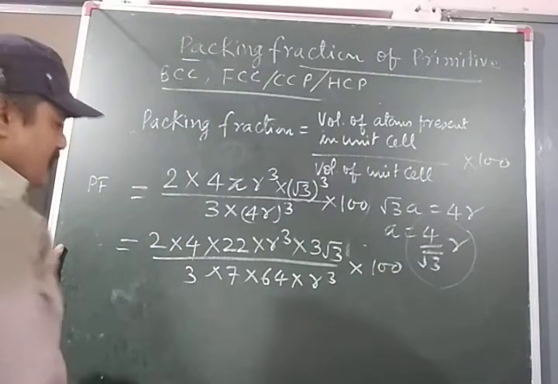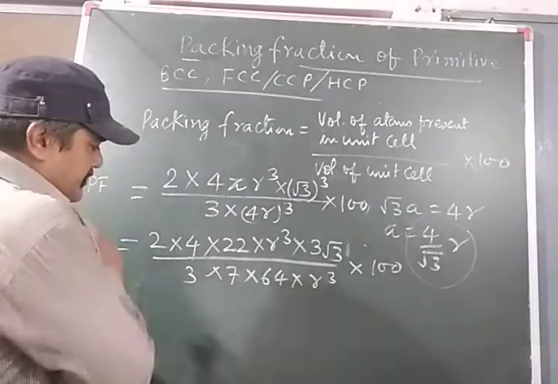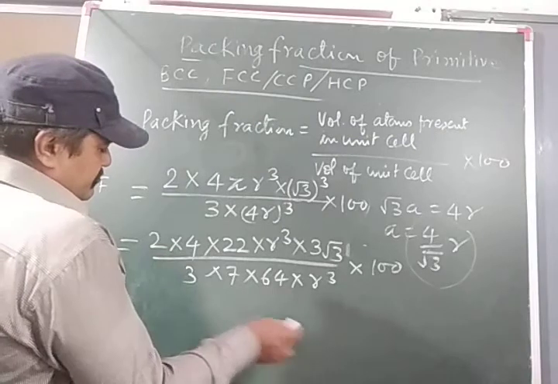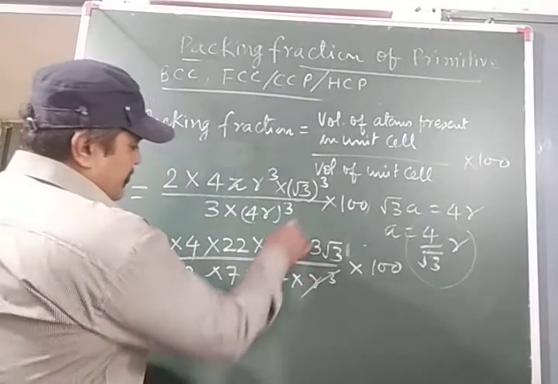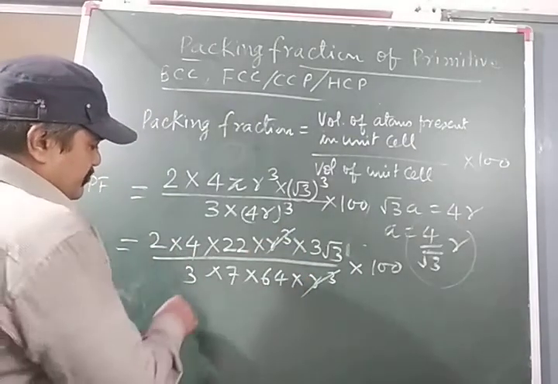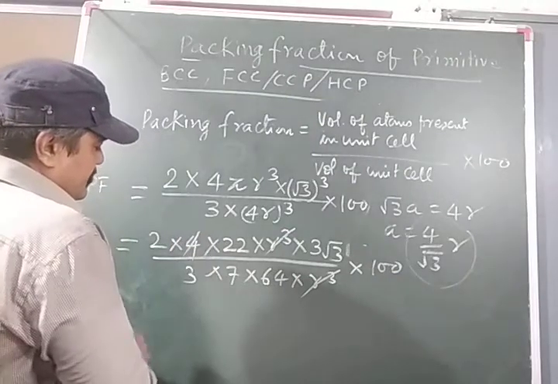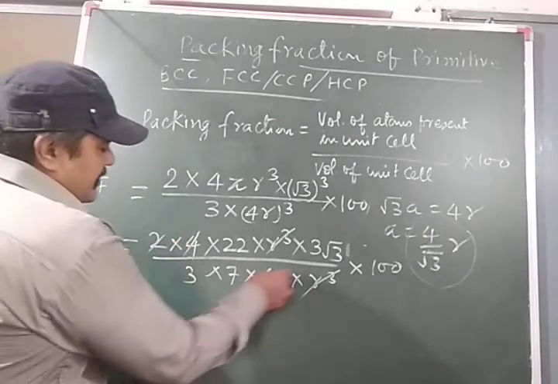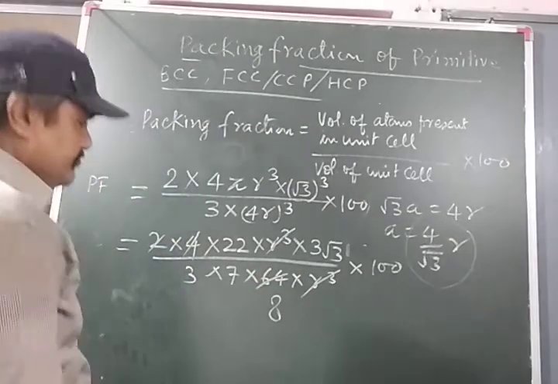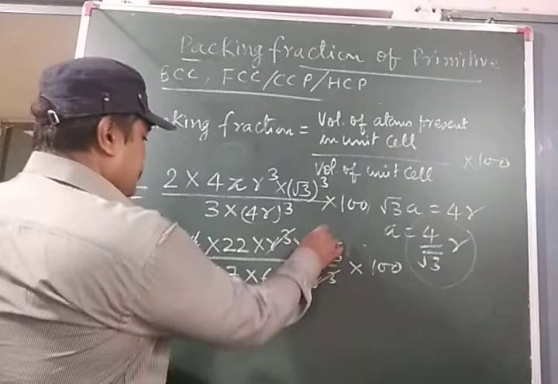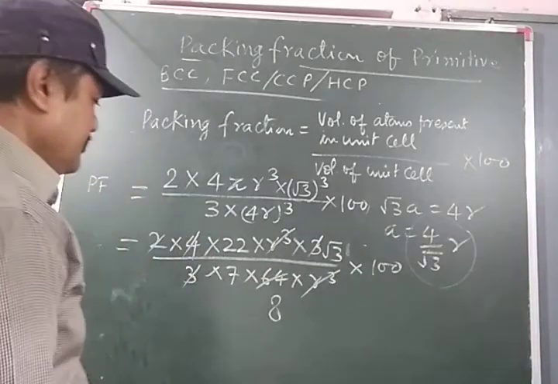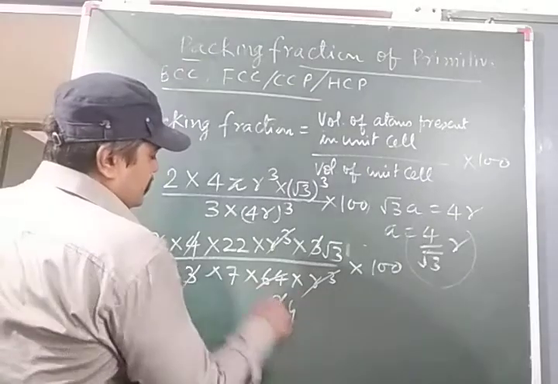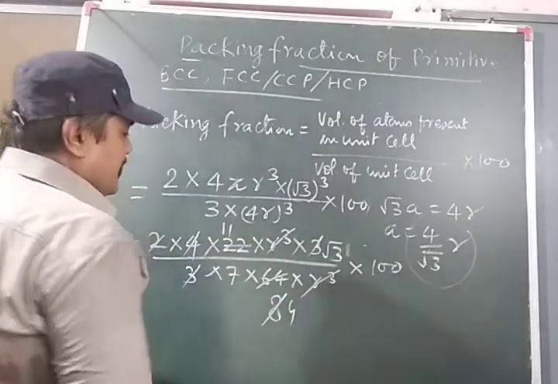So now I am going to cancel, which is cancelling. This r cube cancels with this one, this 4, 2 ja 8, 8 8 ja 64, and this 3 cancels with this one and this 2 4 ja 8 and this 11.